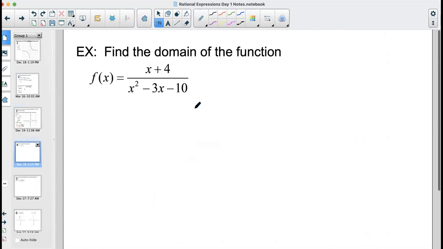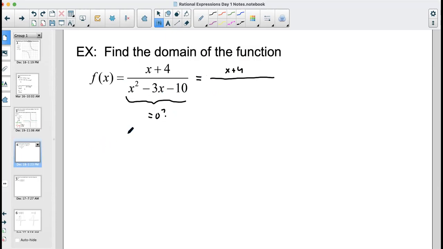So if I have a rational function here with x's in the bottom, I'd like to know what values of x make the bottom 0 so I can not include those. You could look at this and maybe guess some of the asymptotes, but a better way to do it is the question: what values of x make this thing equal to 0? x equals 0 doesn't work. When x is 0, the denominator of this fraction is -10.